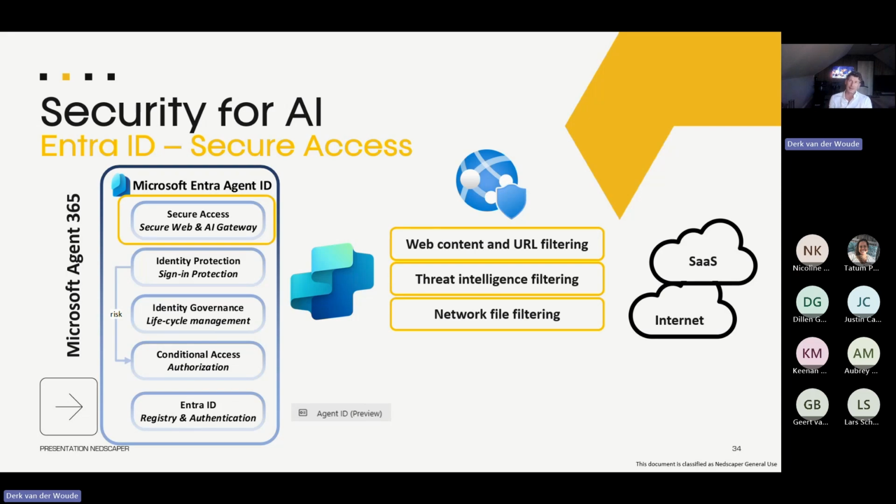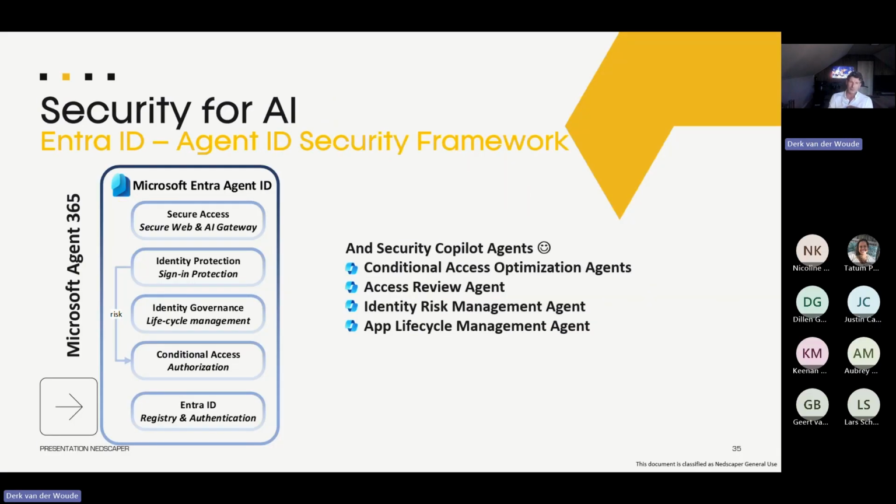This solution works at the network level, while Defender for Cloud Apps works at the application level. There's an overlap in feature functionality, also from a license perspective. For now, I think Defender for Cloud Apps is a little more mature than Secure Access, but this one will grow in the future. And of course, we have agents related to Entra.